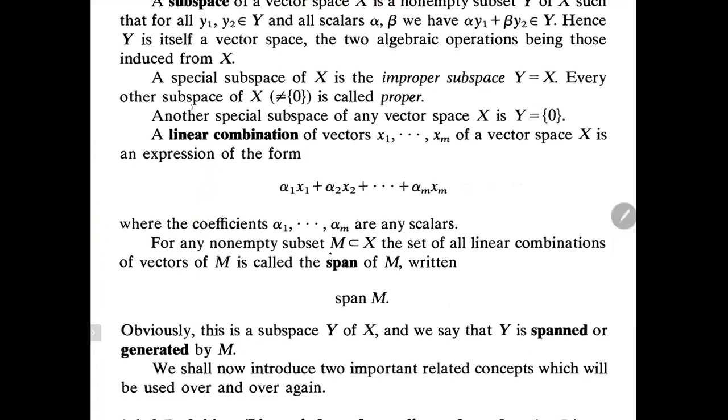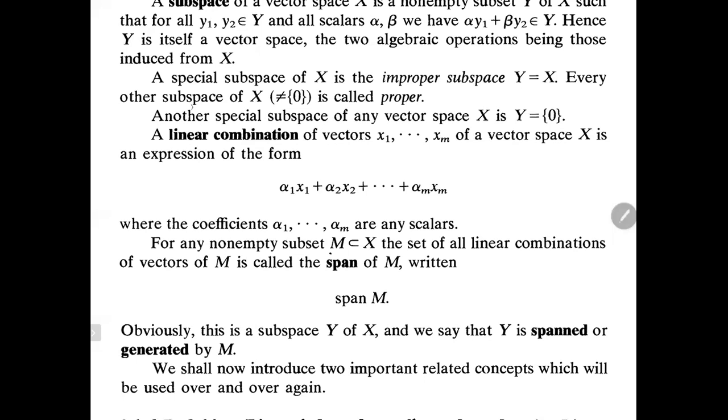So we have a vector space X and vectors x1 up to xm. A linear combination is alpha 1 x1 plus alpha 2 x2 up to alpha m xm, where alpha 1 up to alpha m are scalars. So that is called a linear combination.